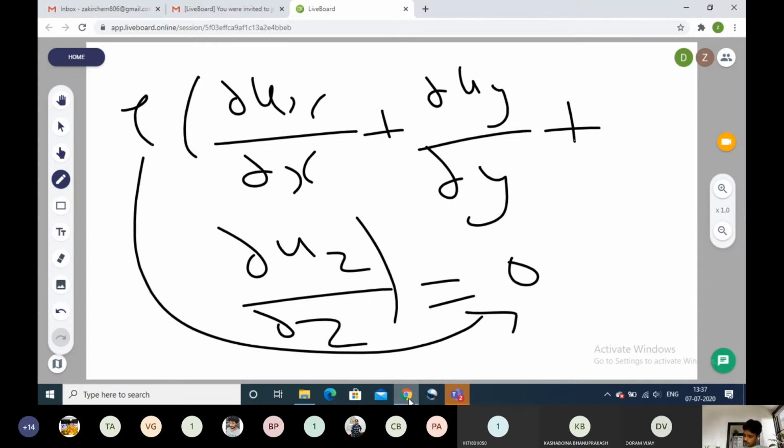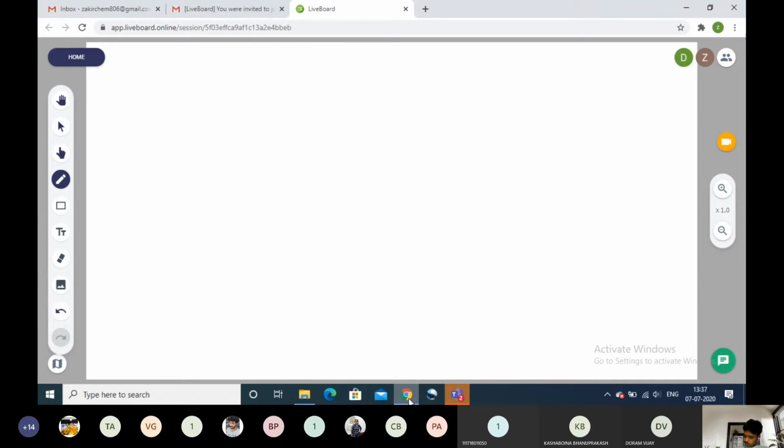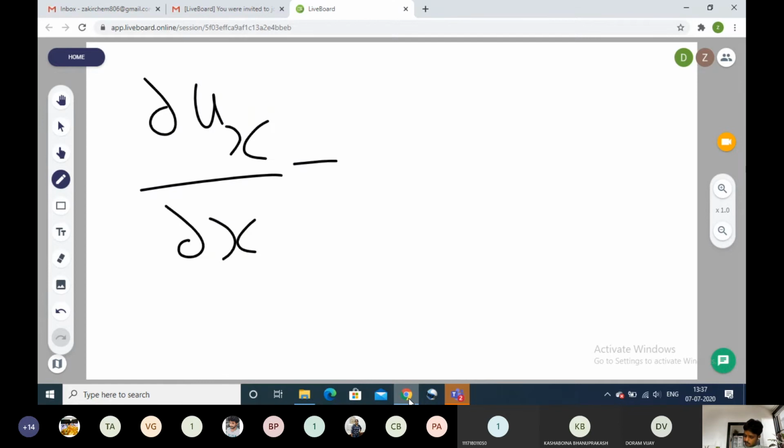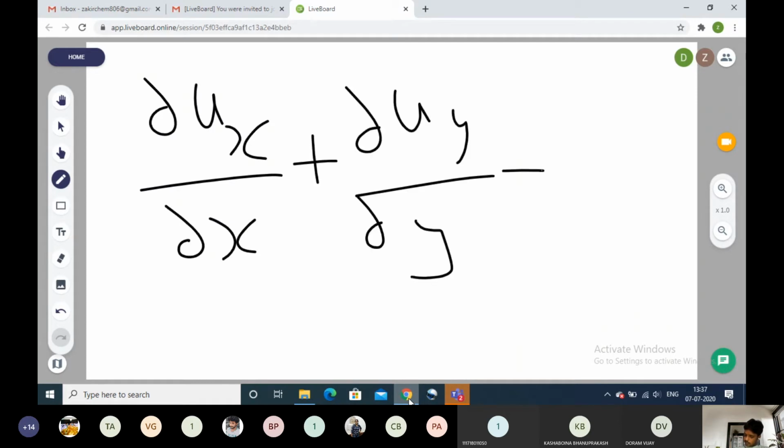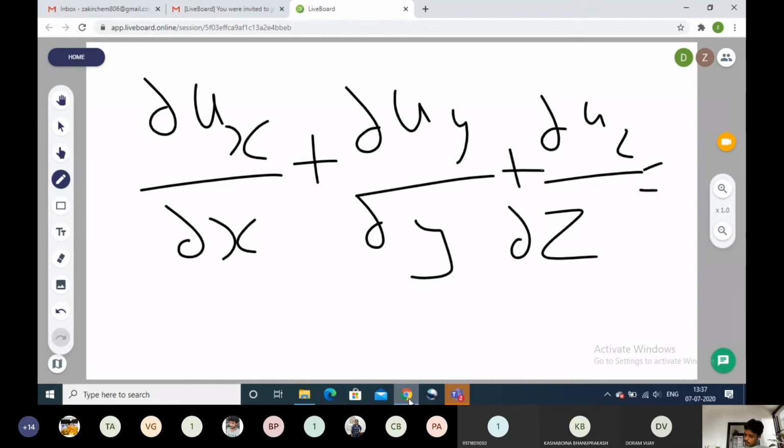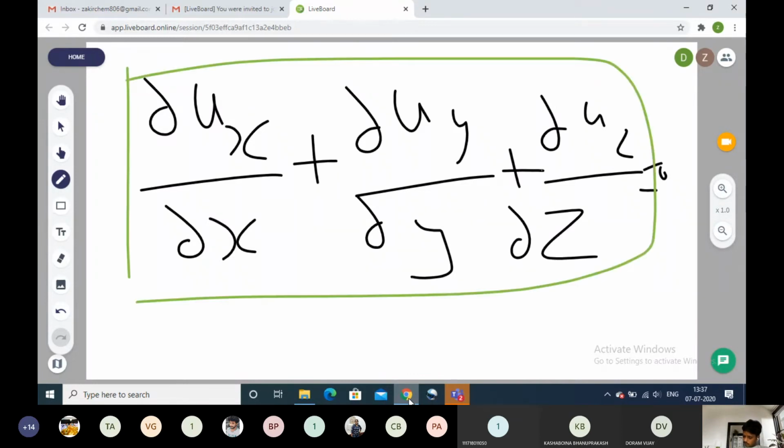So the final equation is dou ux by dou x plus dou uy by dou y plus dou uz by dou z is equal to 0. This is called the continuity equation for 3 dimensions.